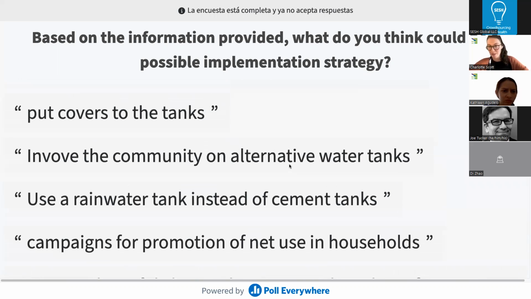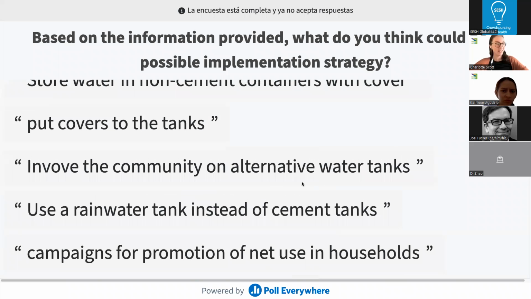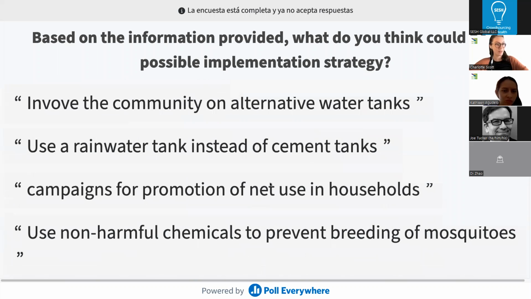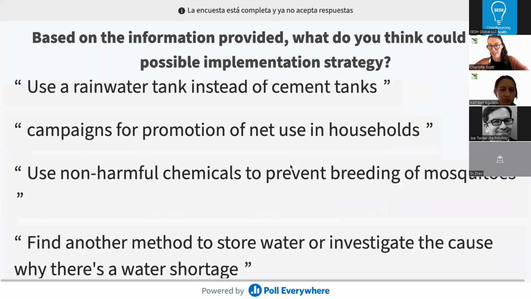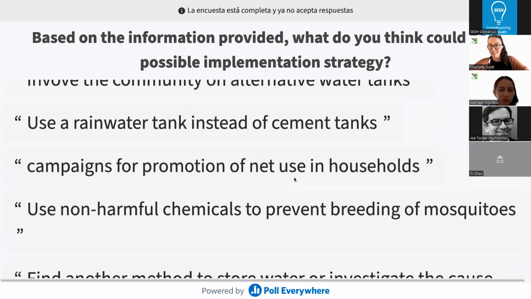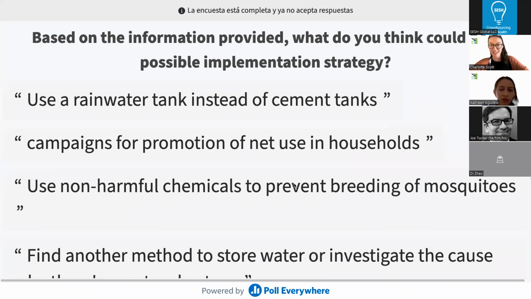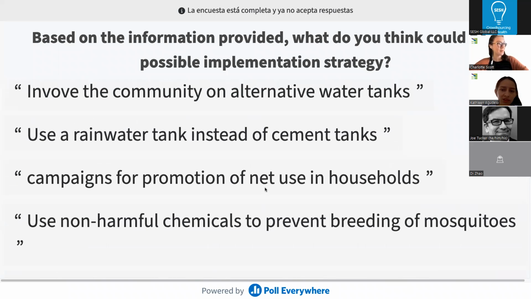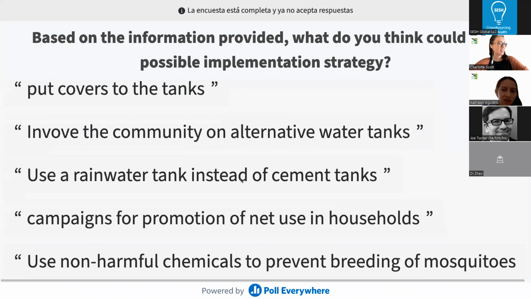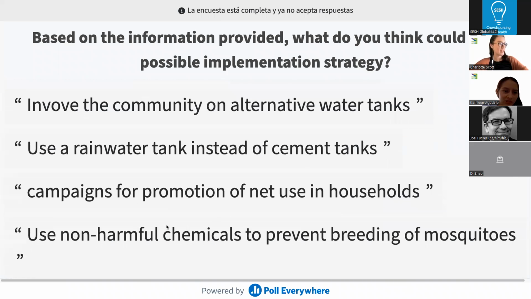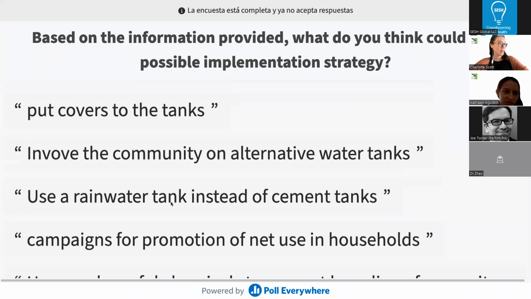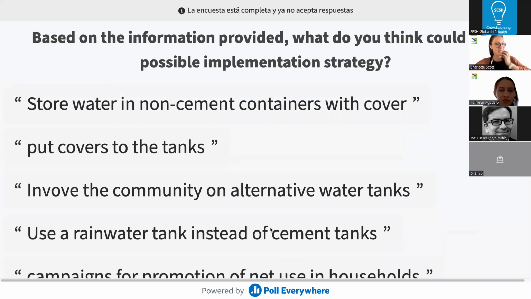Kate, can you remind me in this context, did they use insecticides like spraying in the community? Campaigns for promotion of net use. Rainwater tanks. Also in the chat, we have some answers.